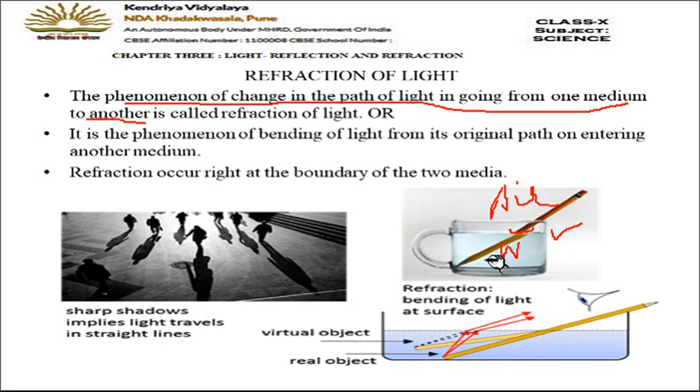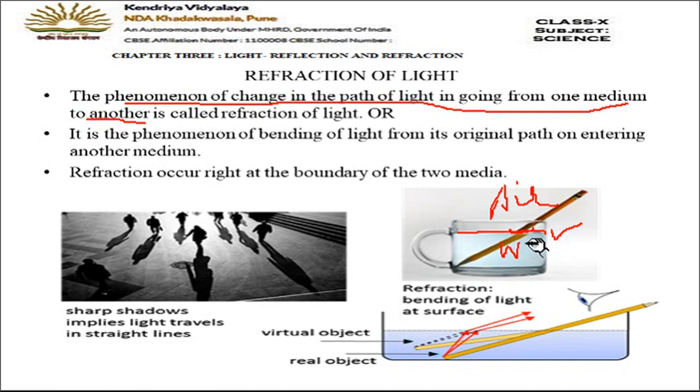It is the change in the path of light in going from one medium to another medium. So when light passes from the air medium to the water medium, at the surface where these two mediums are meeting, the light gets refracted, meaning light changes its path. You can see that the pencil from outside looks like it is broken.